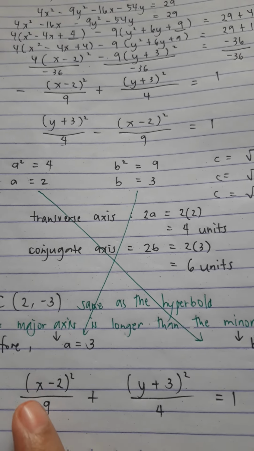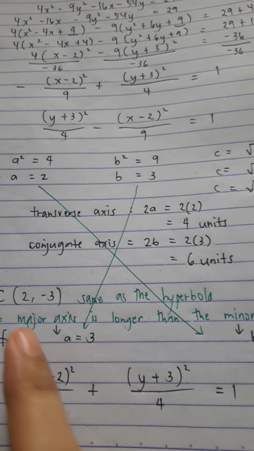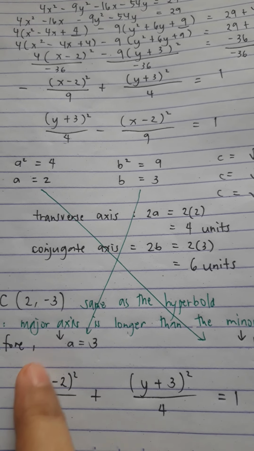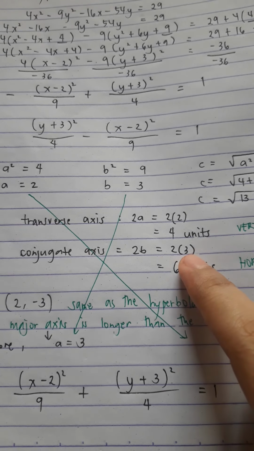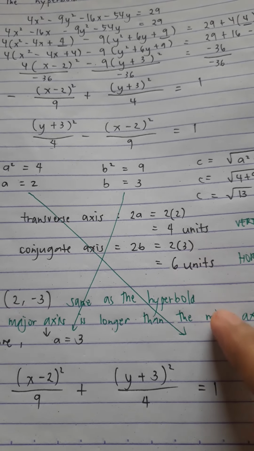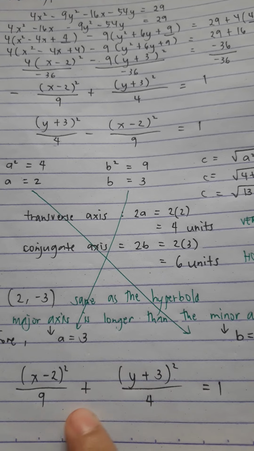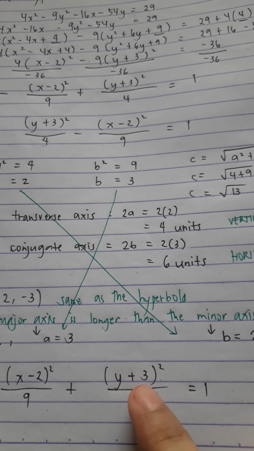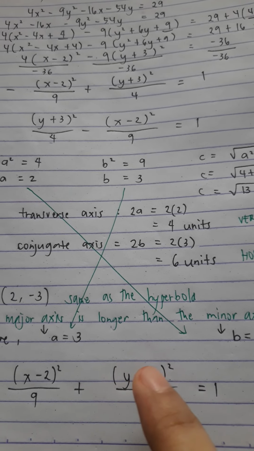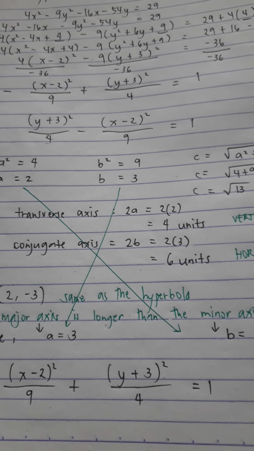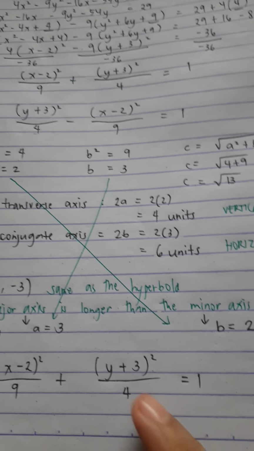So we have the quantity of x minus 2 squared, opposite sign because this is x minus h, all over A is equal to 3 because this is the bigger value. So 3 times 3 is 9. Plus the quantity of y plus 3, opposite sign. y minus k. So y minus -3 is y plus 3. The quantity of y plus 3 squared all over 4.